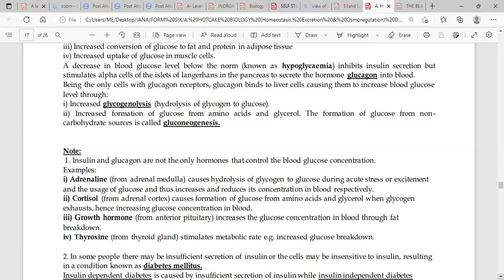Another hormone from the anterior pituitary gland is the growth hormone, which increases the glucose concentration in blood through fat breakdown. Also, we have thyroxine, which stimulates metabolic rate, that is, increases glucose breakdown.